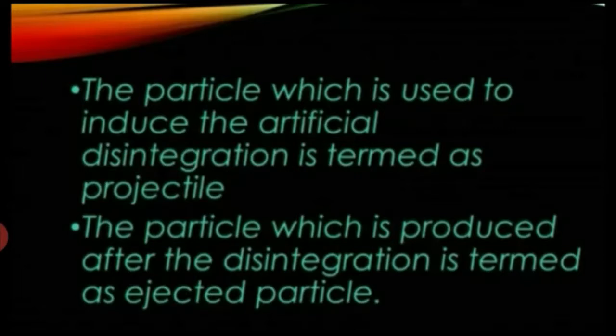Already I told you that disintegration means that in this process the nucleus will break into small pieces. So the particle before disintegration is termed the projectile, and after disintegration it is termed the ejected particle.